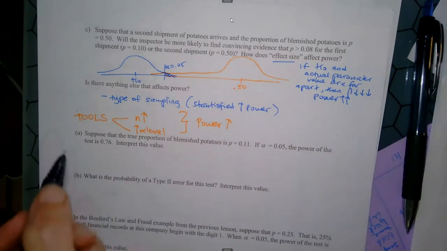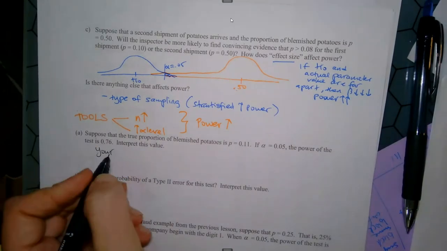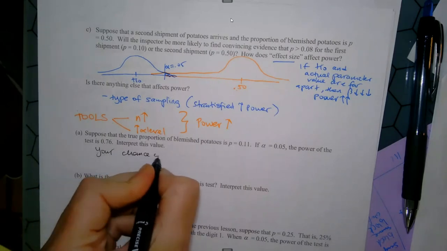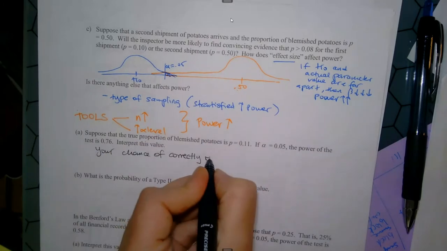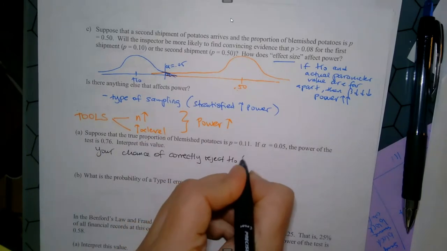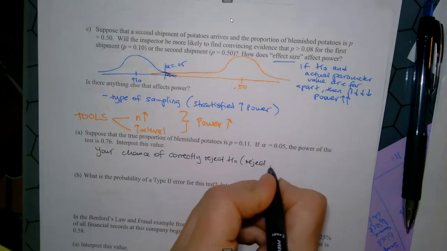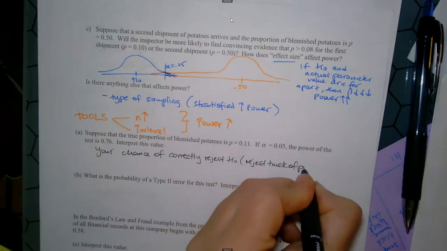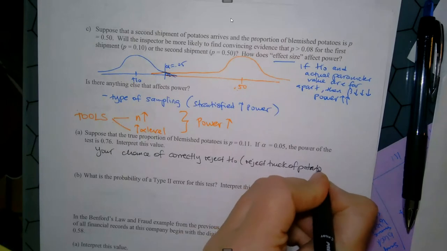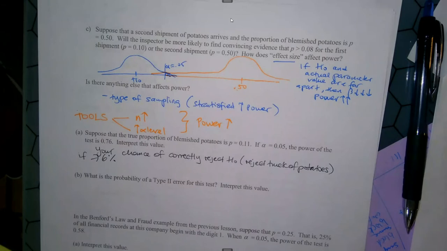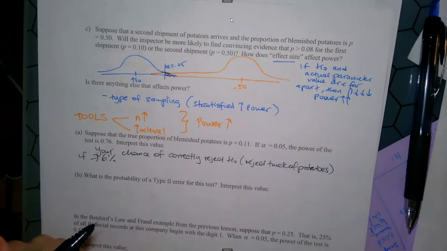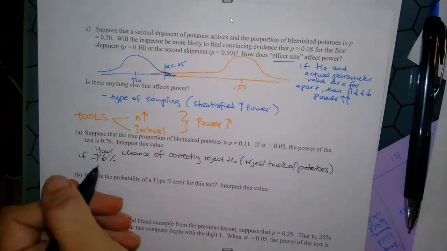This means that your chance of correctly rejecting the null, in this case rejecting the entire truck of potatoes, is 76%. Your chance of correctly rejecting the null, telling the truck to go away, is 76%.